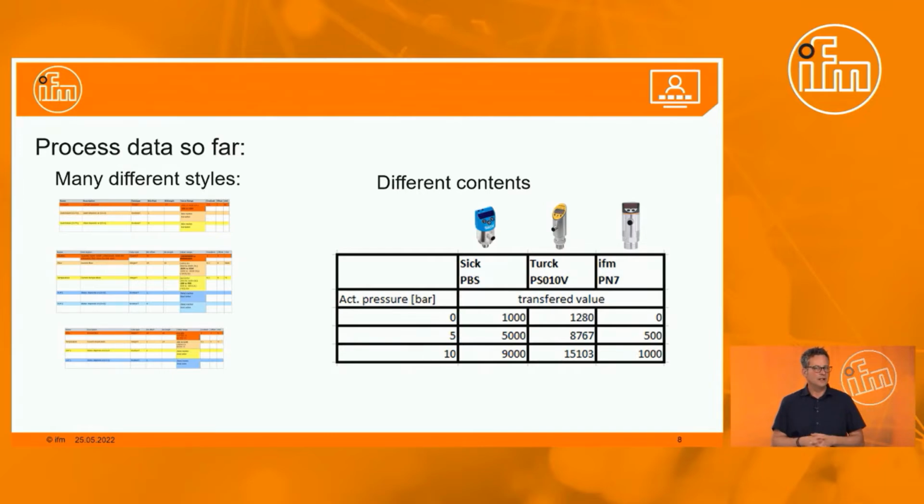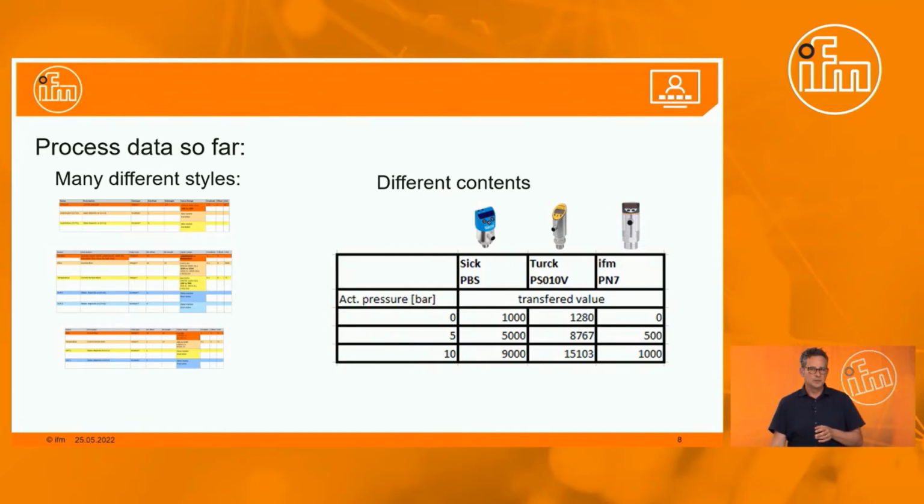But to be honest, IFM has 23 different forms, different styles of transferring process data from the device over the master to the PLC. And also the value which was included inside these structures was different between the manufacturers.